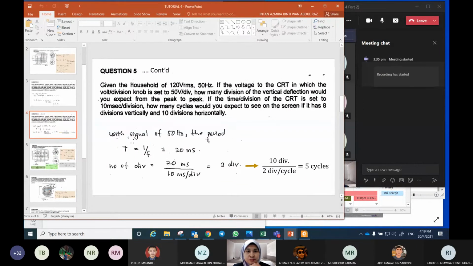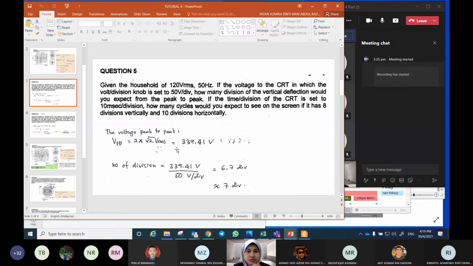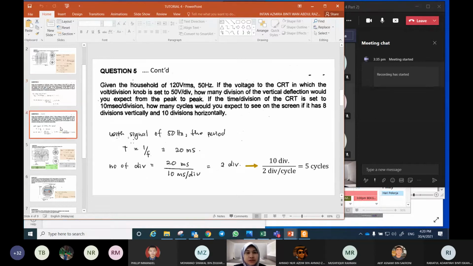So what is the value of V peak? 339 volts. And then how many divisions from the origin to the peak? How many divisions vertically?